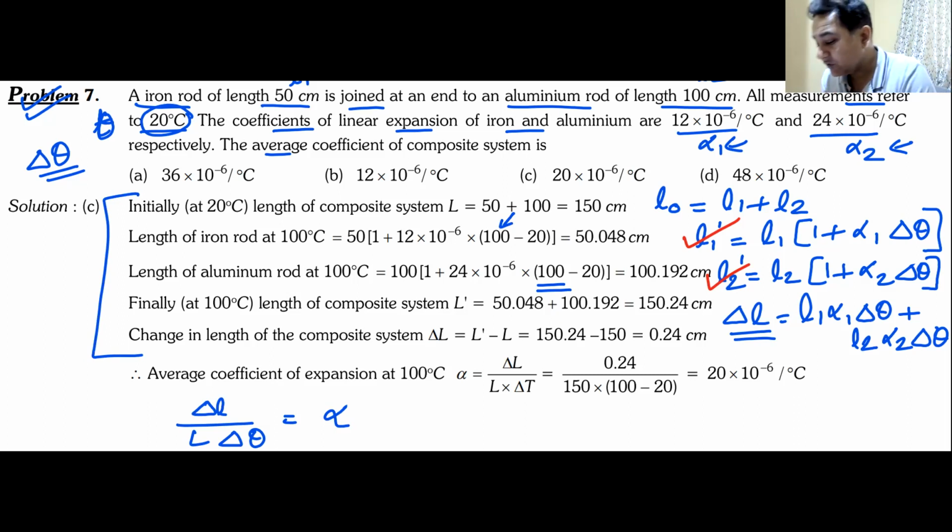What is the final answer that you get in terms of L1, L2, alpha 1, alpha 2? What is average alpha equal to? Can I have the answer?